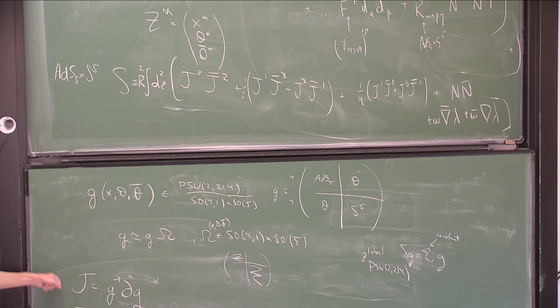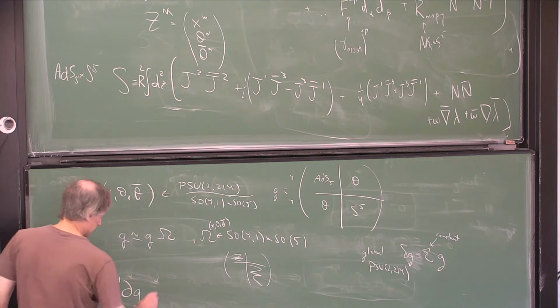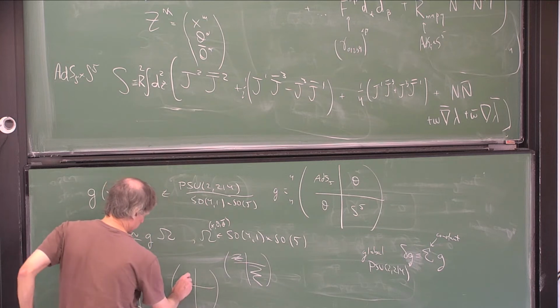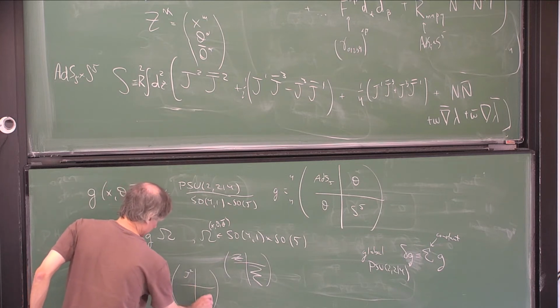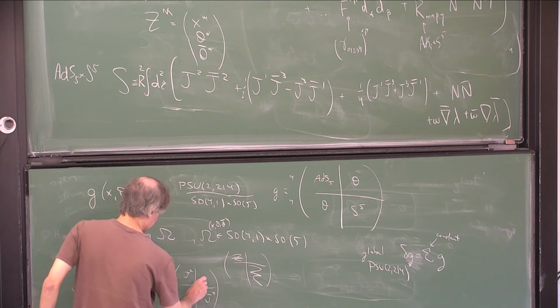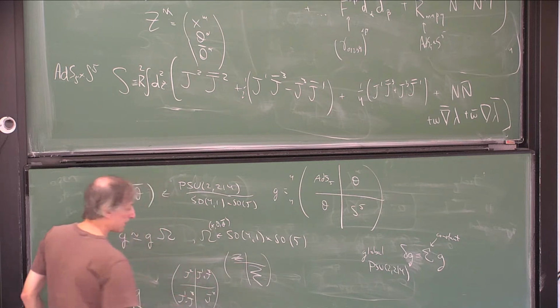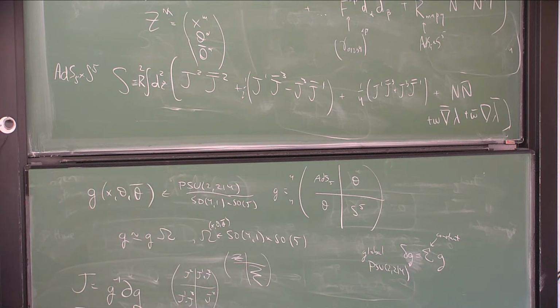Okay, so these are left invariant forms. And of course, they sit in the Lie algebra, so the way we define them is we put J2 here, and this one is J1 plus J3, and this is J1 minus J3. So it's a graded algebra, and you then split it into J1, 2, 3.